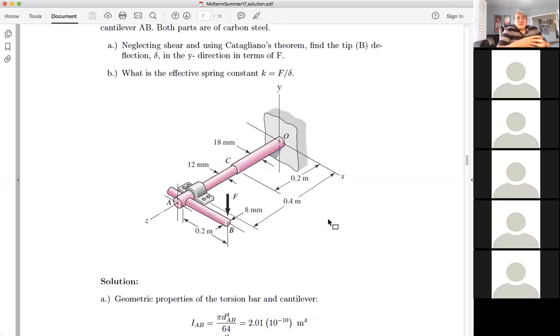So Castigliano, the idea behind it is that it's a quick way to find deflection where you really need it. So in this case, you don't waste time to do all of the statics and integrations.